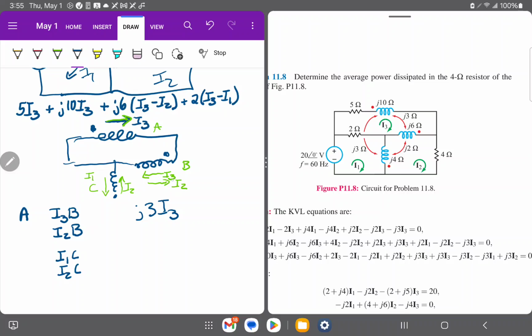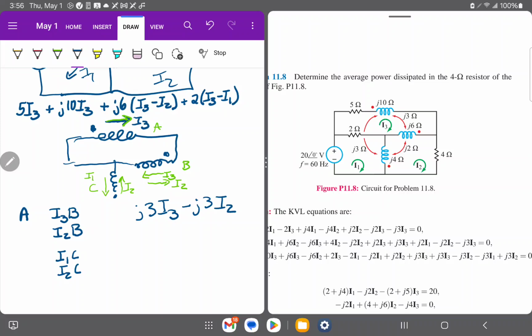Now I2 going through B is going into the non-dotted side, so it will have the opposite sign as our self-inductance, so that'll be minus J3 I2.